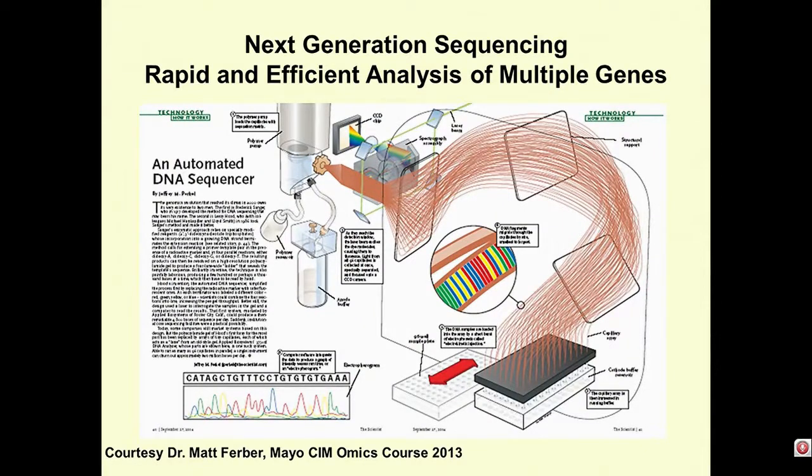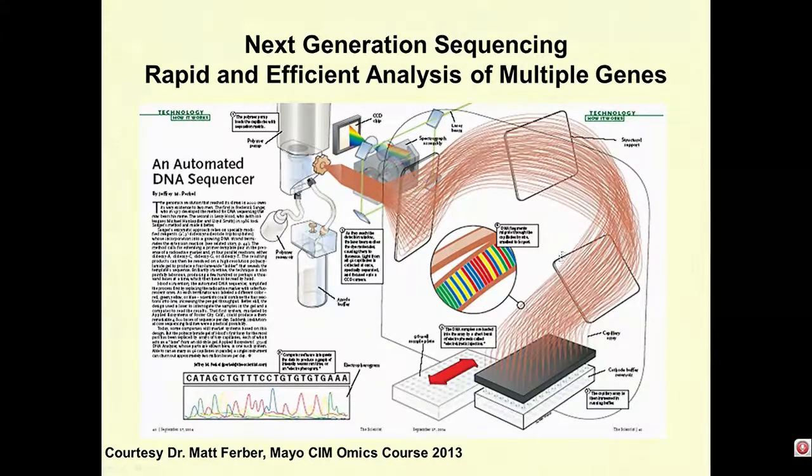At the same time that we were learning more about genes involved in hereditary breast and ovarian cancer, we were making great strides and great accomplishments in the laboratory through the invention of something called next-generation sequencing. This is automated sequencing in the laboratory, which allows us to very rapidly and efficiently analyze multiple genes simultaneously.